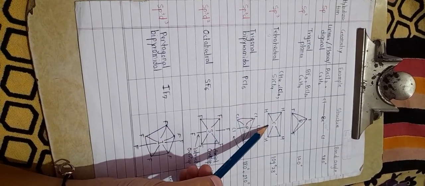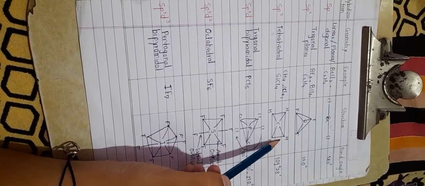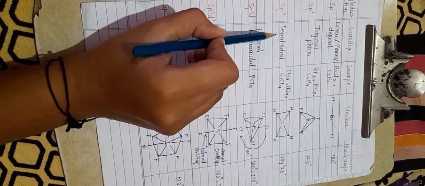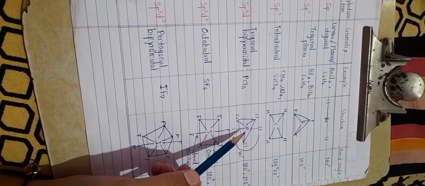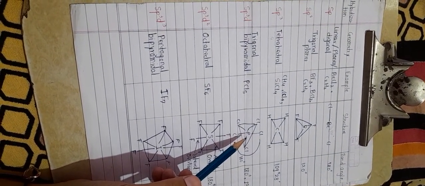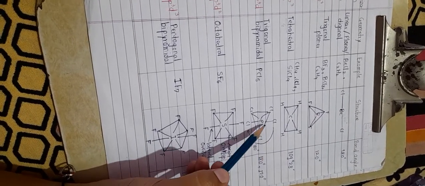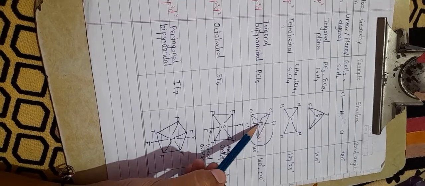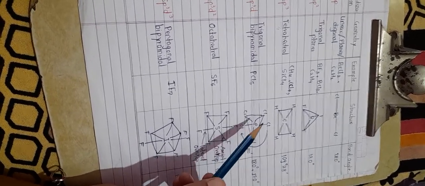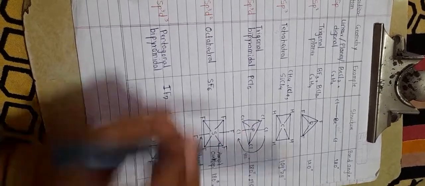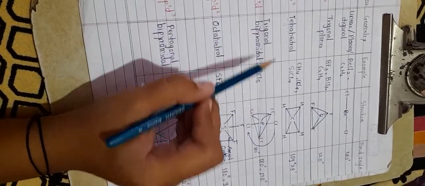Third is tetrahedral, 4 corners. Tetra means 4, tetrahedral. Fourth is trigonal bipyramidal. It is same as like this, but it has one chlorine above the plane and one chlorine below the plane, and therefore it is in two planes. Therefore trigonal for this and bipyramidal.